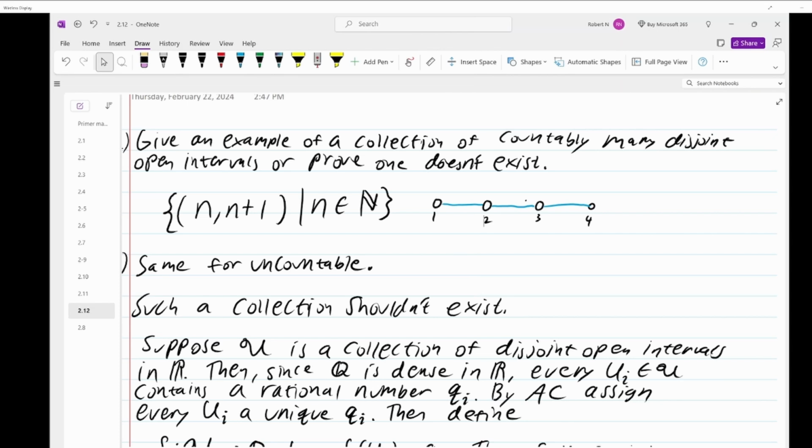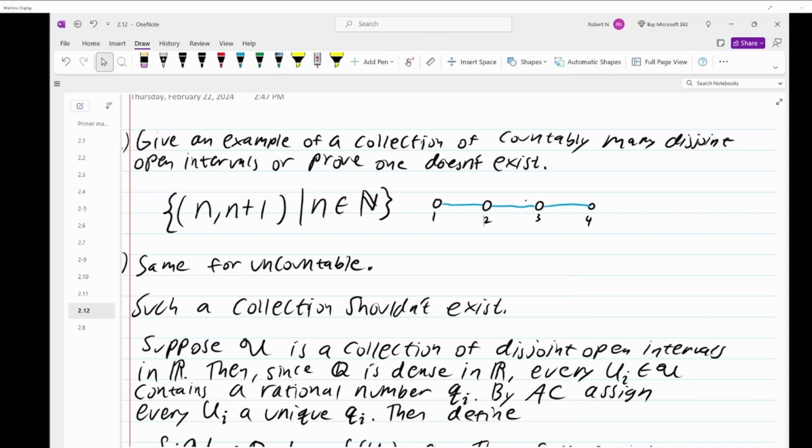Since blackboard Q, the rational numbers, is dense in the real numbers, and what that means is every two distinct real numbers have a rational number in between them, every U_i in the collection script U contains a rational number q_i.